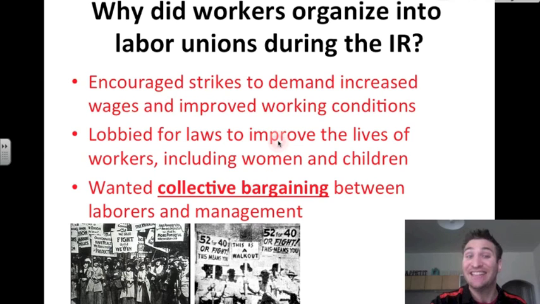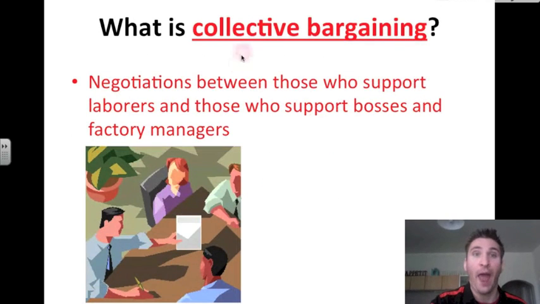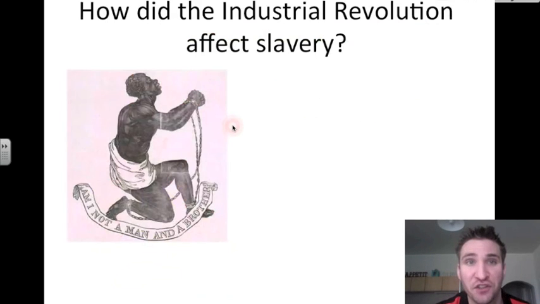And lastly, labor unions wanted collective bargaining between laborers and management, the bosses who paid the salaries and set the conditions. Collective bargaining was a way to negotiate. And further defining collective bargaining: negotiations between those who support laborers and those who support bosses and factory managers.